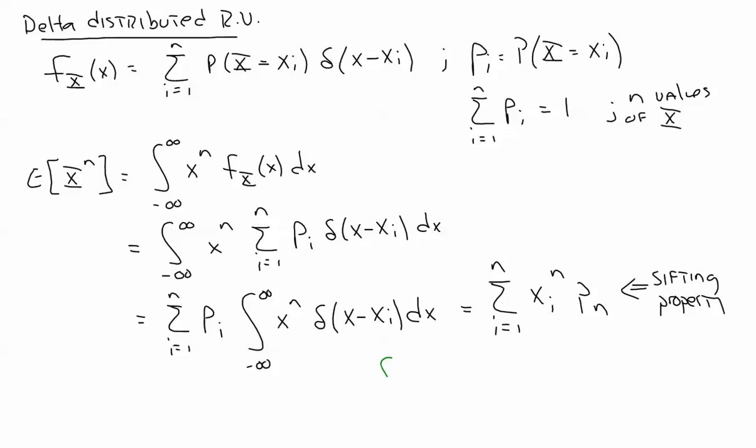The integral of f of x times delta of x minus x naught dx is just f evaluated at x naught. That's the sifting property of a delta function. And that is what I've applied to get my last result. Okay? All right. So, let's move to the next page.